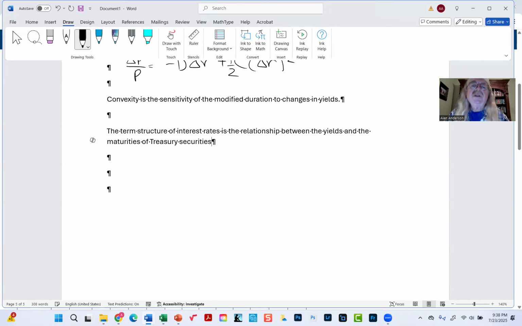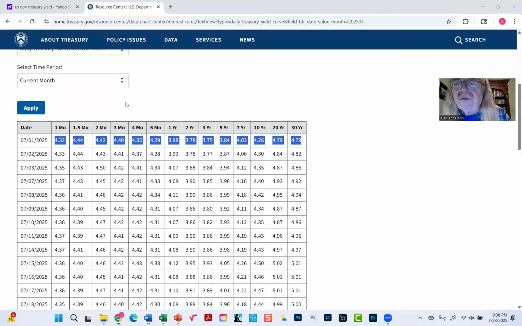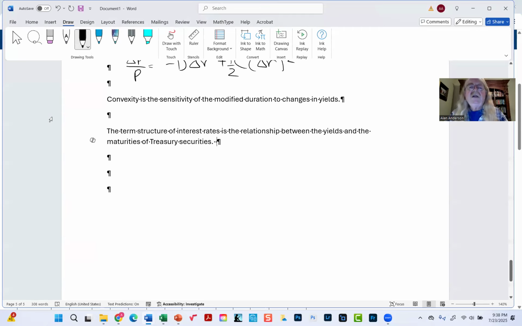And these are chosen because they're the safest in the economy, but also because it's the most liquid market, in the sense that the volume of trading is so massive that it's easy to buy into these securities or to sell them. And also they're really the only ones that have so many different maturities to choose from. Corporate bonds contain varying degrees of risk, so putting them on a curve could lead to problems.